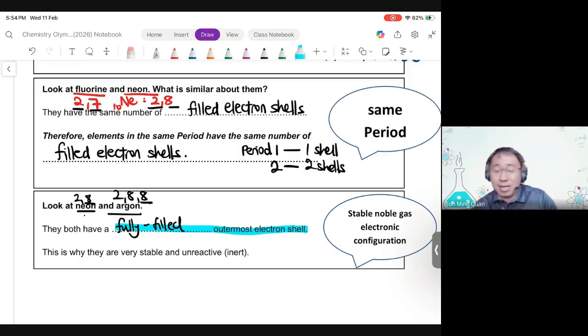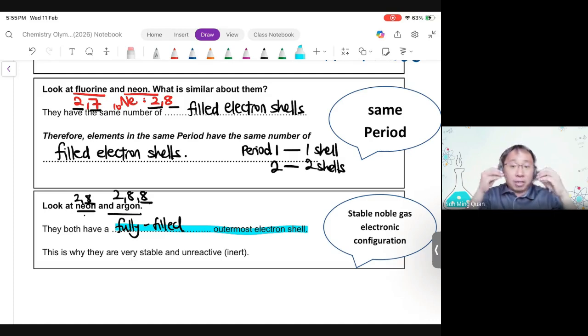So 8 is the magic number for the second shell and the third shell. In order for the first shell to be fully filled, that's 2 electrons. In order for the third shell to be fully filled, it's 8 electrons for O level. Up until calcium. O level stops the study at calcium. Beyond calcium, that's what we're going to discuss in the second half of the year.